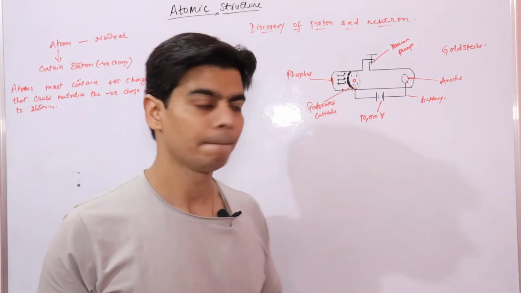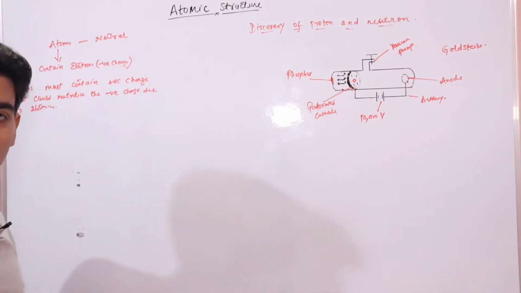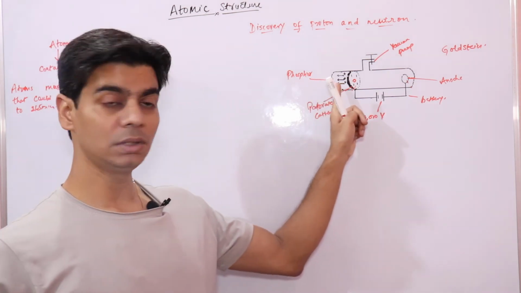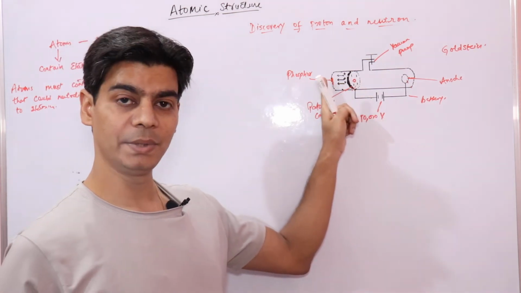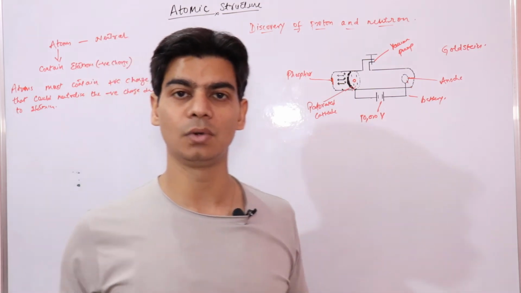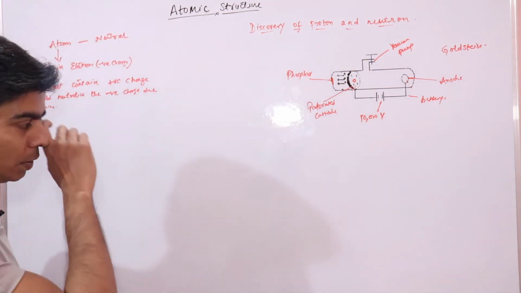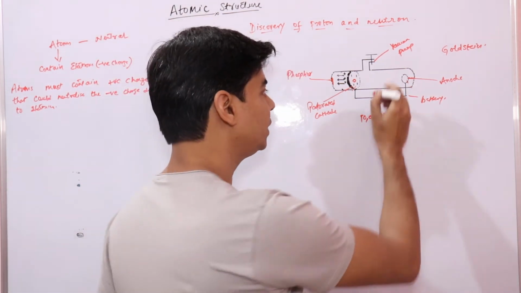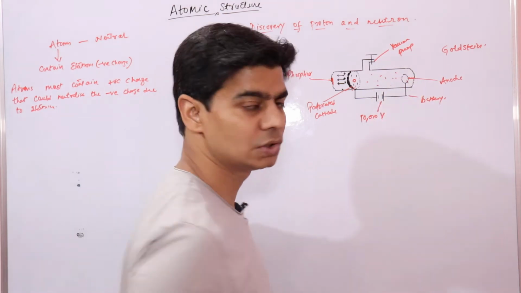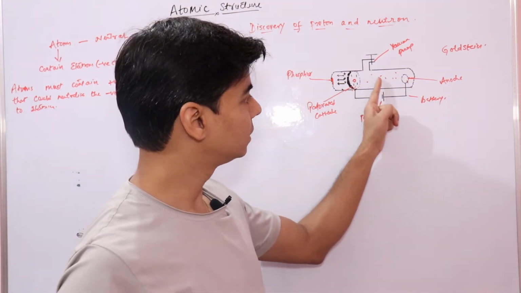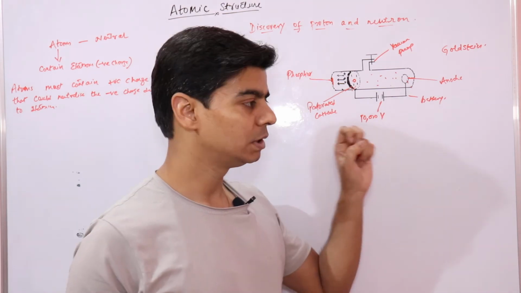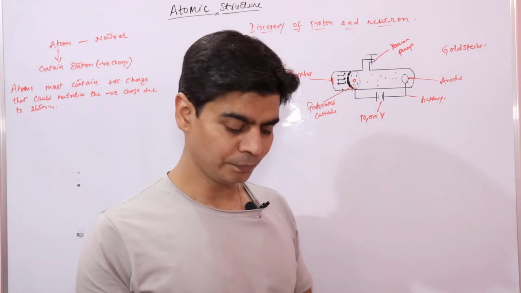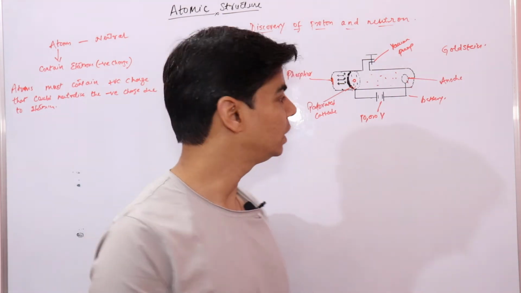So what could be the reason for this phosphor to start glowing? What kind of rays are falling on this phosphor, which is located behind this cathode, that make it glow? That was the question. Now we already know that this is cathode, this is anode, and we have a gas inside the discharge tube. So when electrons hit these gaseous atoms, they will knock out electrons from the gaseous atoms.